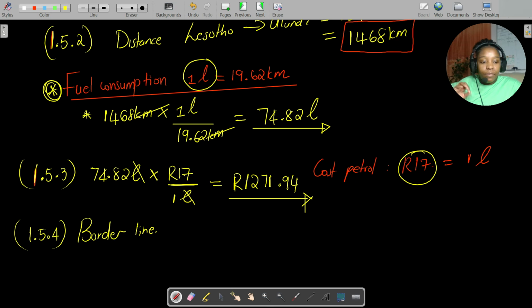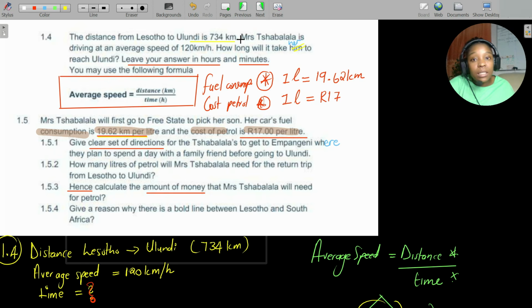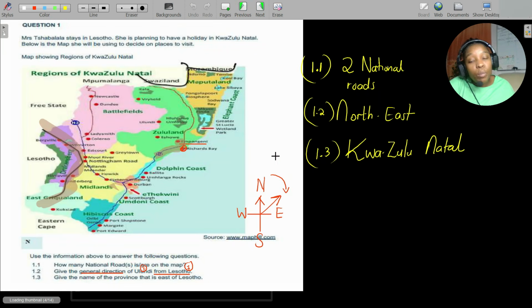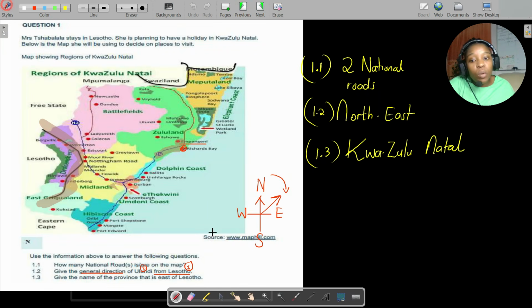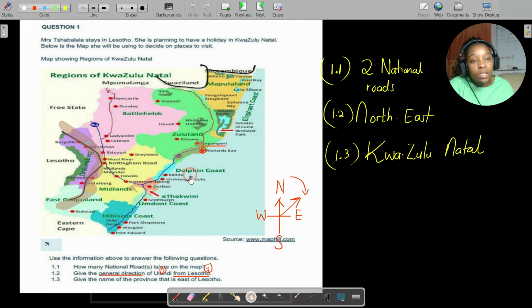Okay, great stuff. So that is it for today's video tutorial, ladies and gentlemen. I hope you enjoyed this detailed analysis of this map, and I hope you got the important points: when you're analyzing a map, you need to look for the important features. The compass, the national roads on the map, the towns there, what's happening, are there borders?